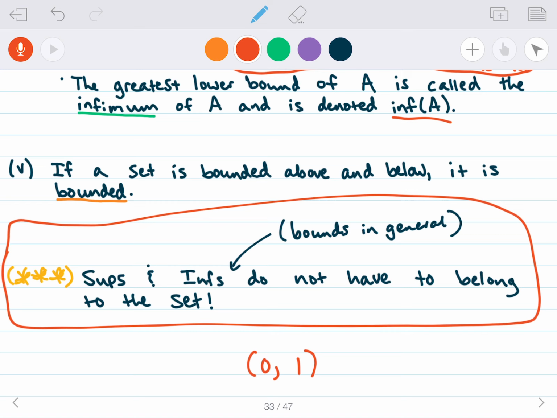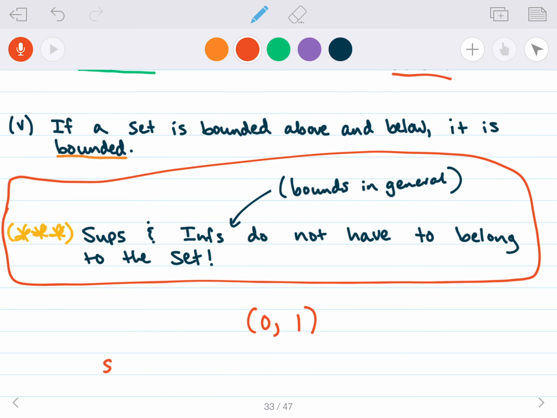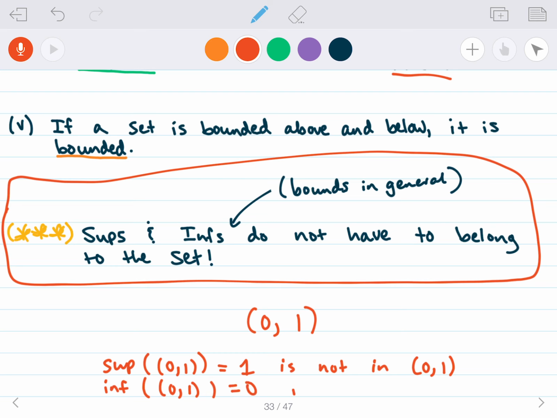However, sups and infs do not have to be in the set. So we know that the sup of (0, 1), the least upper bound, is 1, which is not in (0, 1). And also, the infimum, the greatest lower bound of (0, 1), which we said was 0, is also not in (0, 1).